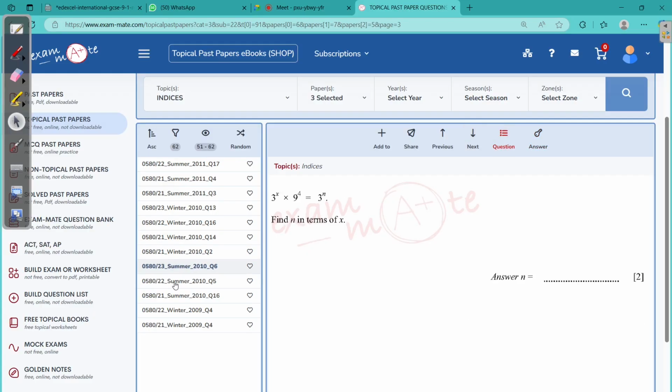Find n in terms of x. Is the question readable, or should I write it? No, it's readable. Okay.